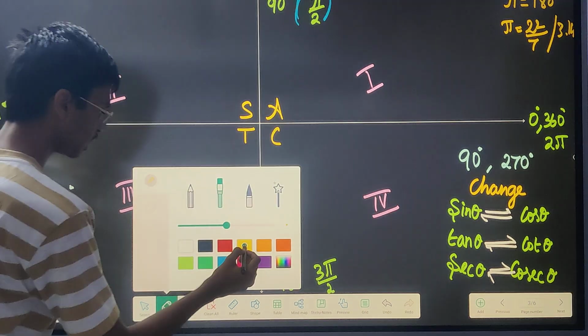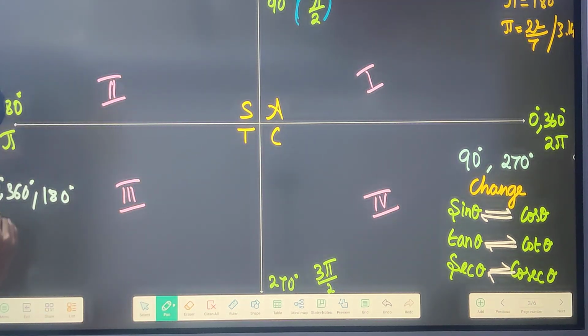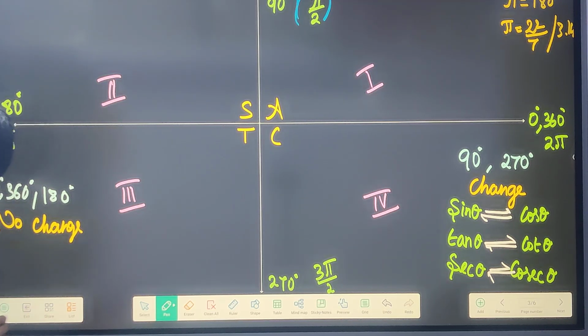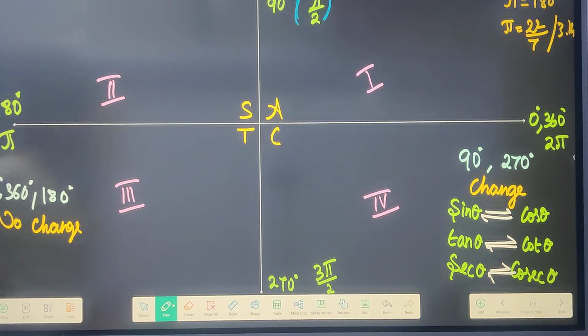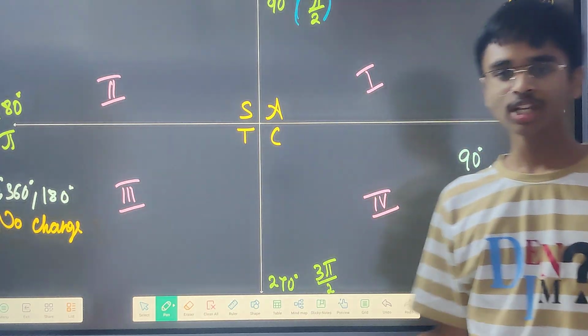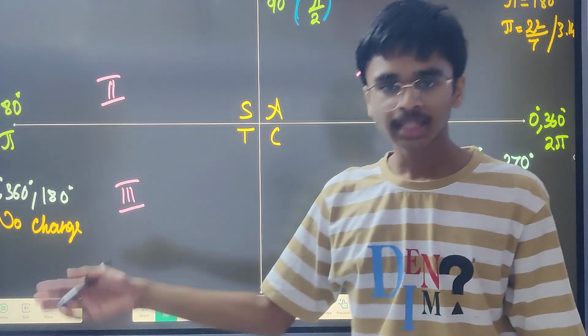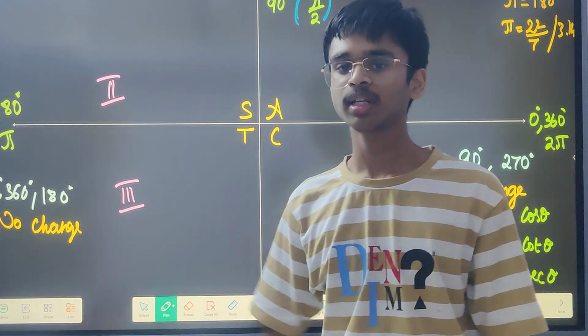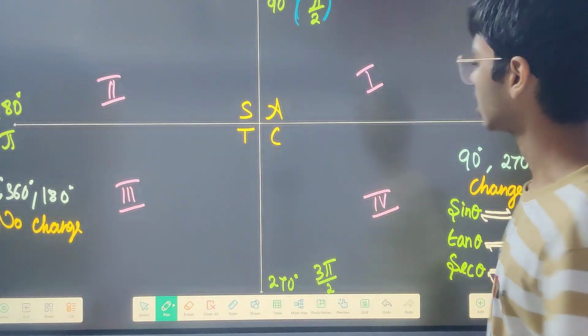Here there won't be any change. This is the easiest part. You need not do anything. Sine will remain sine, cos will remain cos, tan will remain tan, cot will remain cot, sec will remain sec, and cosec will remain cosec itself.